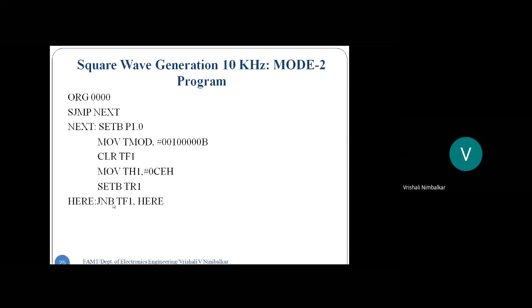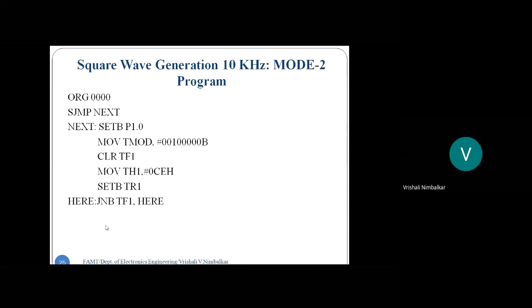The other way, whether that overflow flag has arrived or not, can be understood by enabling the timer 1 interrupt. Correct? So we will set the run bit. It means the timer will start counting up, and we will not write this instruction.